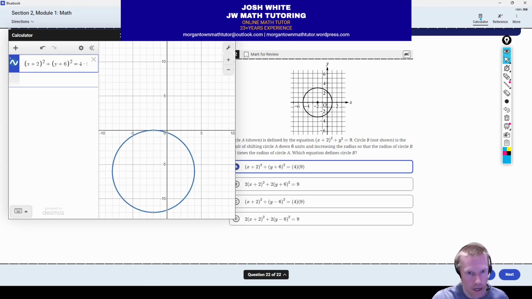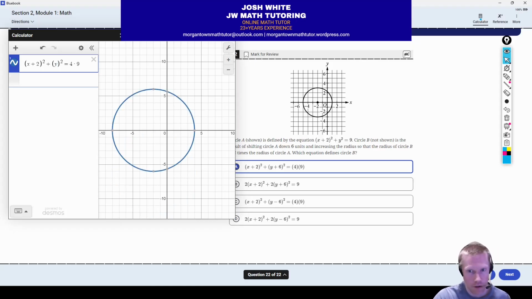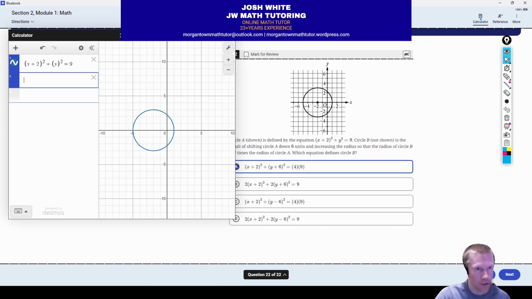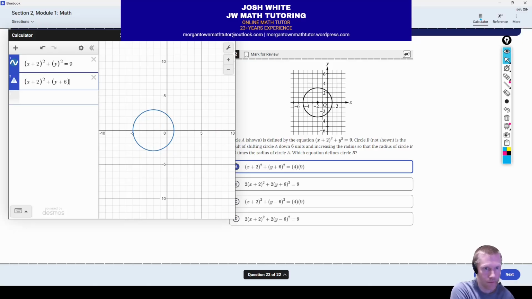So let me zoom back. Here is the original function, here's the original graph that we're given. So now, let's do answer choice A.